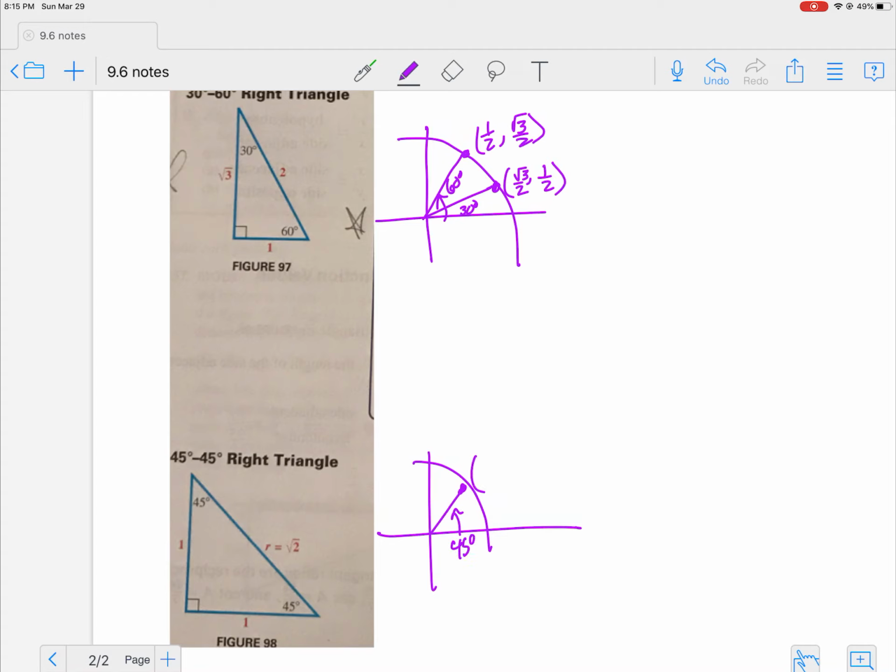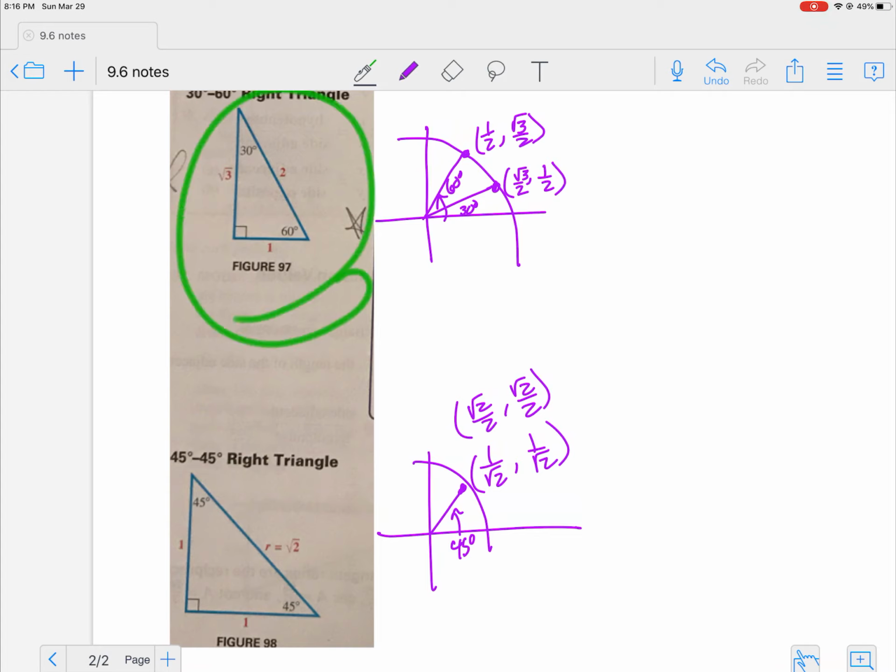Same process to do these values. So what if I have this? Oh my, that's even worse. Here, up here at 45 degrees, I've said before, it's 1 over the square root of 2. Or you can write it as, if you rationalize that denominator, the square root of 2 over 2. Both of those are the same. But look at what's happening. If I have this 45 degrees, opposite over hypotenuse is 1 over the square root of 2, rationalized.